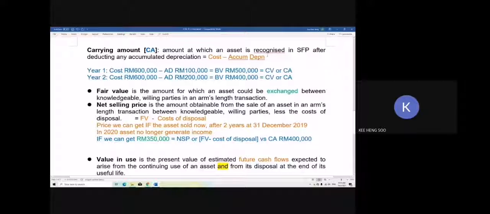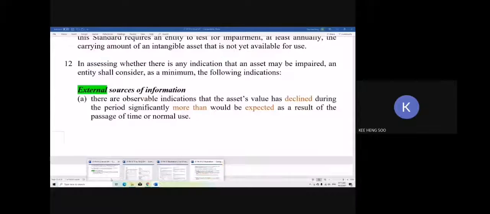So, in year one, your book value will be 500,000. Now, in year 2, your book value is 400,000. It is so-called expected. Remember I just mentioned that external sources of information are indications that asset value declined more than expected.